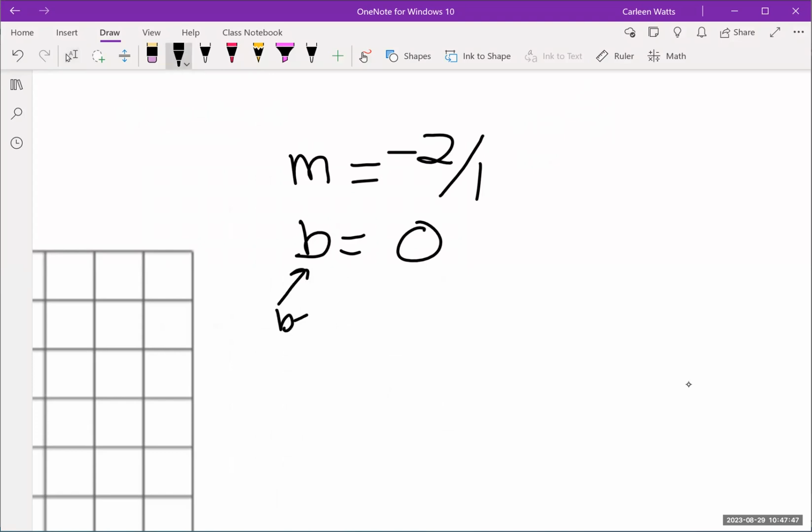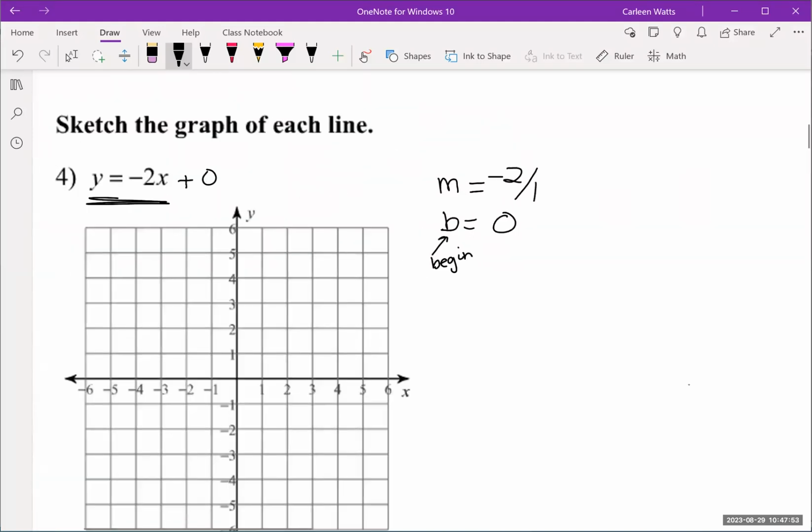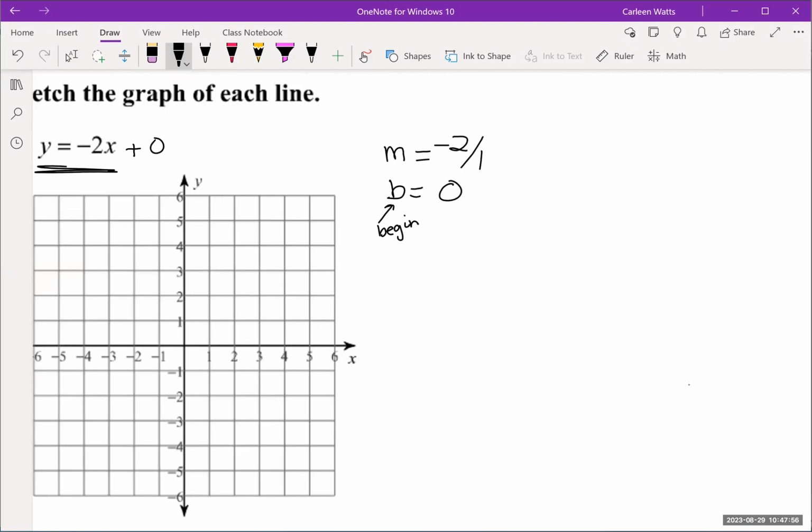We're going to begin with b. Isn't that handy? Okay, 0 is the heart of our graph. So find the spine of the graph and graph the heart.